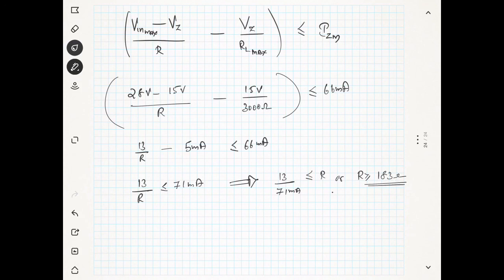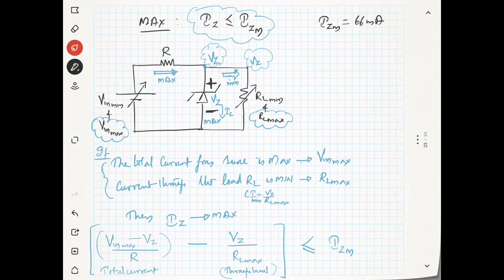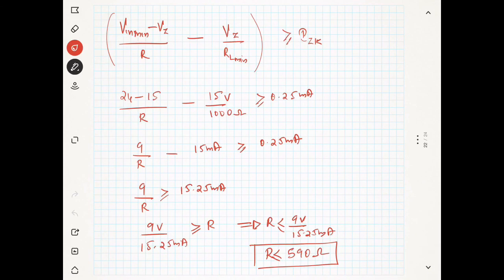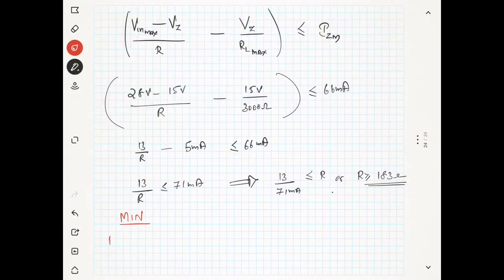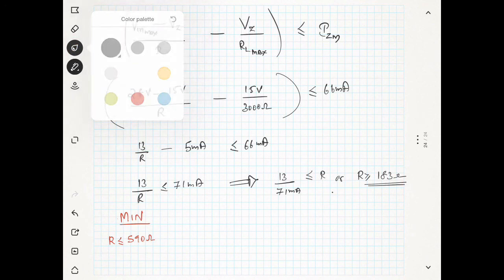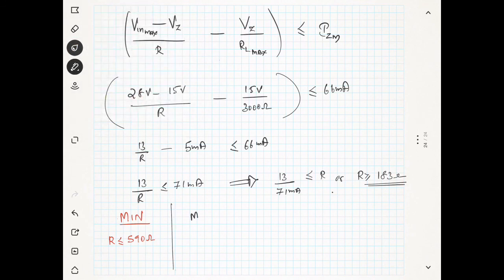So I can conclude now, by using the minimum condition, you have got the idea, you have got the value of R, as R should be less than or equal to 590 ohms. And by using the maximum condition, you have got R should be greater than or equal to 183 ohms.